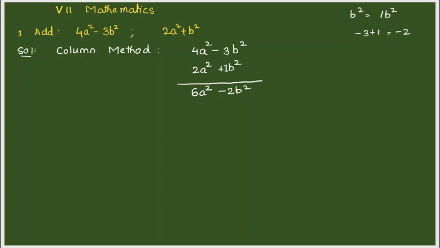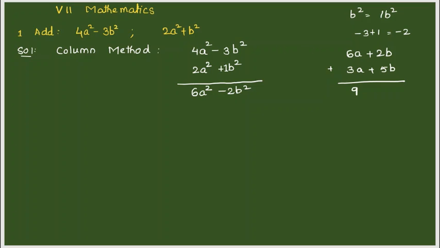Why we need to write b square again? For example, I will explain you children. 6 apples plus 2 bananas, you are adding to 3 more apples plus 5 more bananas. So altogether how many apples will be there? Here 6 apples, here 3 apples.